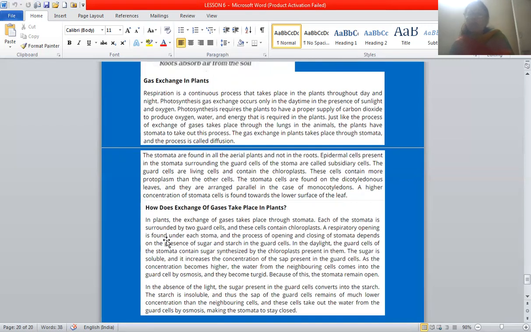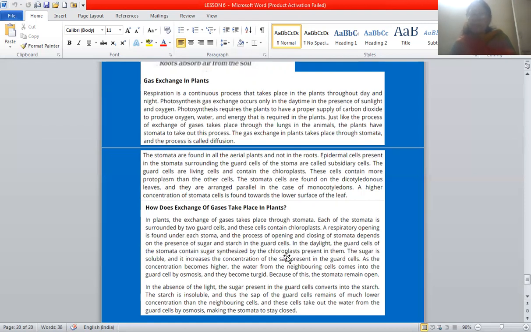A respiratory opening is found under each stoma, and the opening and closing of stomata depends on the presence of sugar and starch in the guard cells.